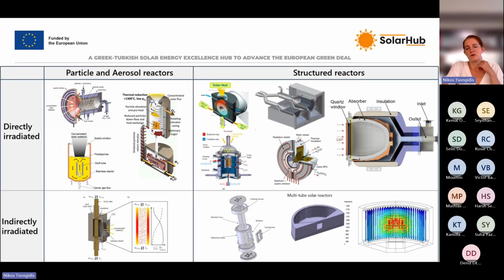Now, as I said before, the metal oxides have to be included in a reactor in order to be used for the solar thermochemical redox cycles. There are different reactors that have been investigated, mainly related to particle and structured reactors.